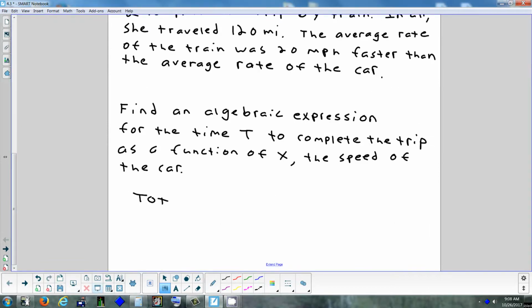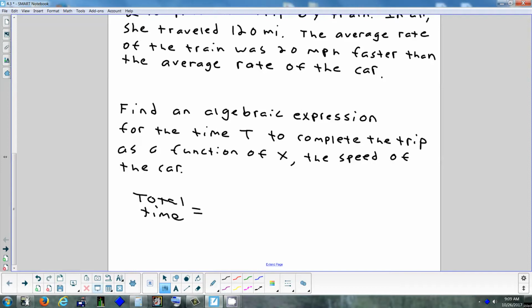Okay, so the total time. What's the total time going to equal? Let's start with how many modes of transportation she is taking to complete her trip. Two. So she's going to have two times. One for the time she spends in the car, and the other is going to be the time on the train.